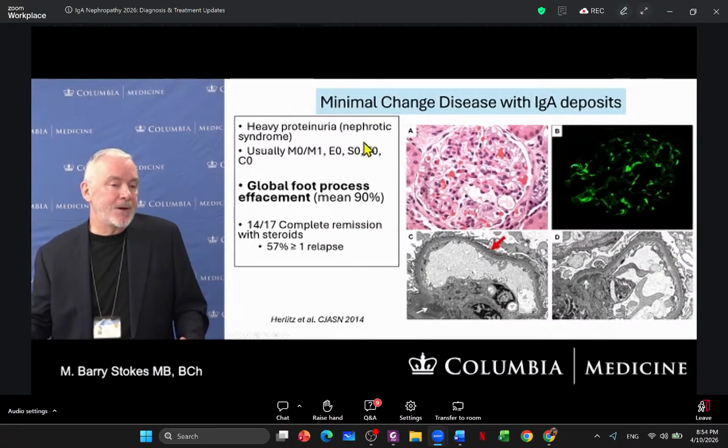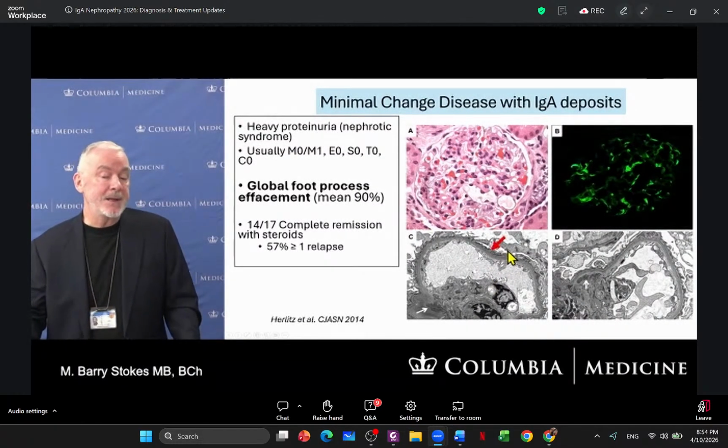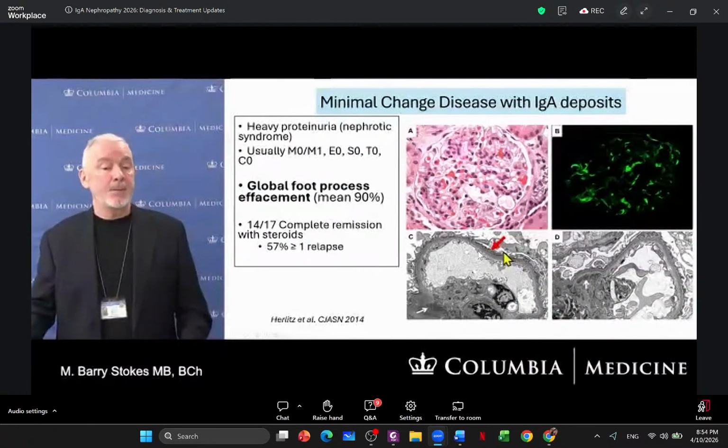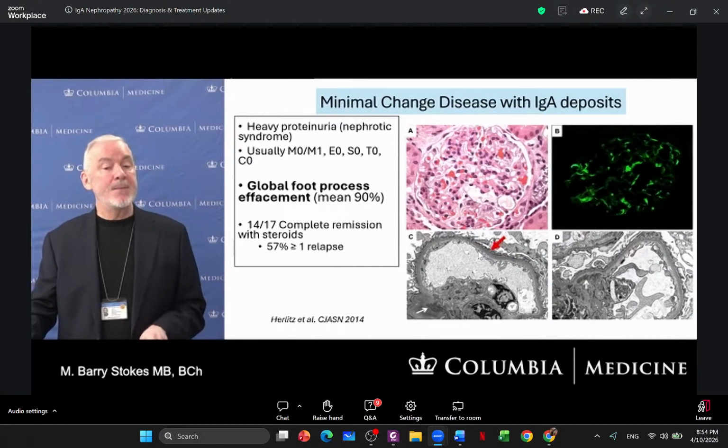They present with nephrotic syndrome. They usually have 0 or at most minimal mesangial hypercellularity, but the other Oxford scores are 0. The clue here is on the electron microscopy. They show this global foot process effacement. Over 90% of the surface area is effaced, and that's typical of these primary podocytopathies.